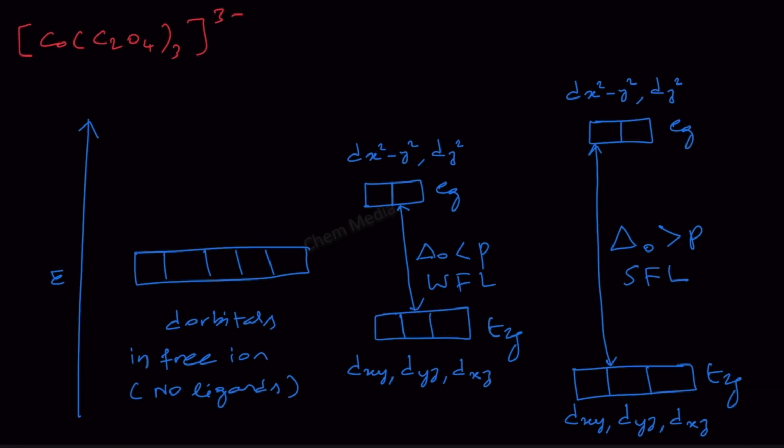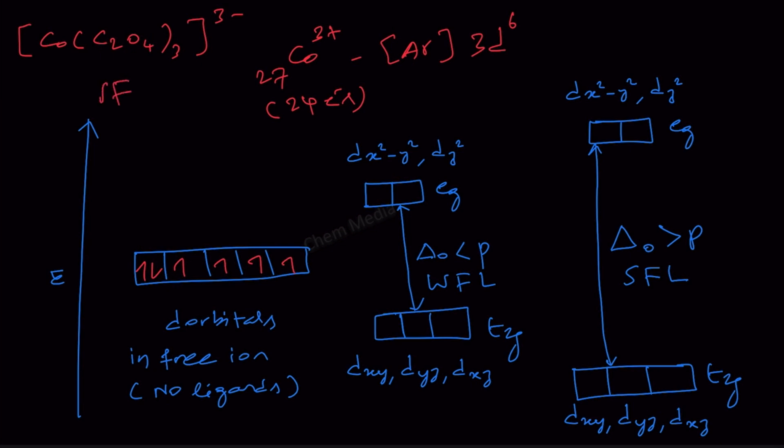Next one, the oxidation state of cobalt is 3 plus. Atomic number of cobalt is 27. But when it is 3 plus, we will have only 24 electrons. And therefore, the electronic configuration is argon and then 3d6. 18 plus 6, 24. So we have 6 electrons in the d orbitals.